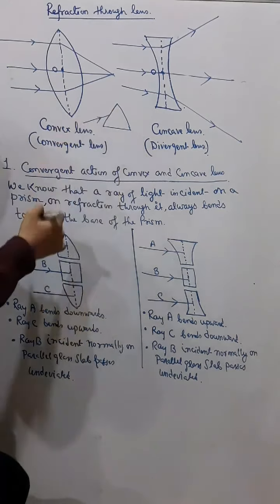So center of curvature actually means the center of the sphere of which the lens is a part. So if you see, this is a convex lens, so if you see this surface, it's a spherical surface, so we can imagine that this is a part of a sphere, okay, like this.